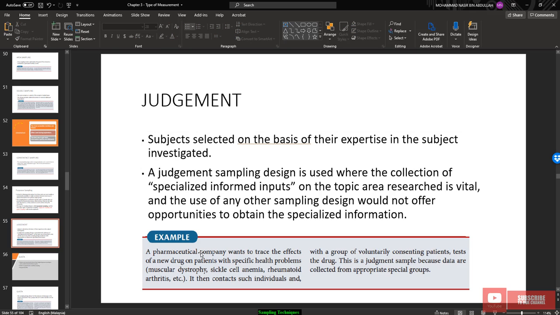A pharmaceutical company wants to trace the effect of a new drug on patients with specific health problems, such as muscular dystrophy, and so on. It then contacts such individuals and a group of voluntary consenting patients test the drug. This is a judgment sample because data are collected from an appropriate special group.